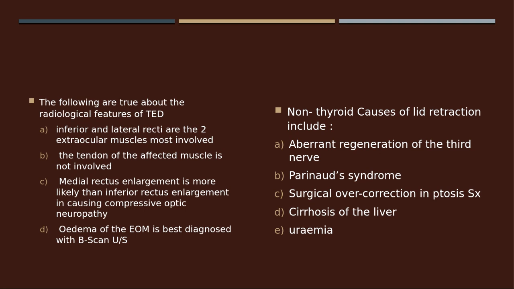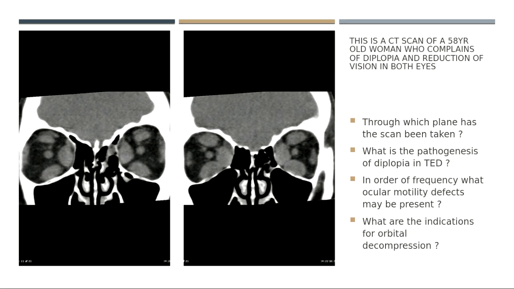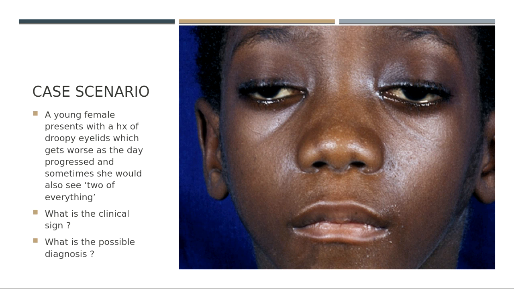Let me go on to the final case scenario. A young female presents with a history of drooping eyelids, which gets worse as the day progresses, and sometimes complains of double vision. Who would like to volunteer to describe what they're seeing here? What's the clinical sign in this photograph?